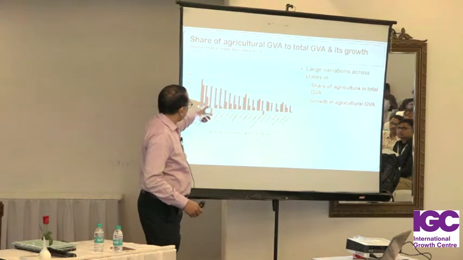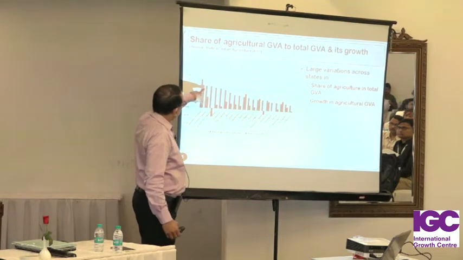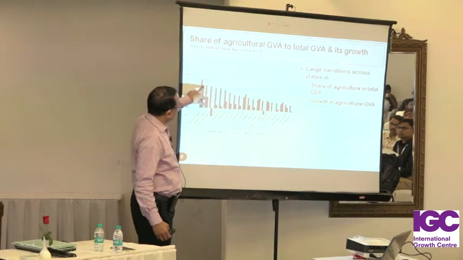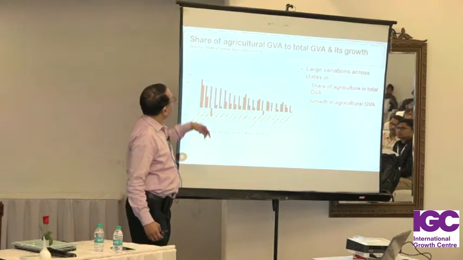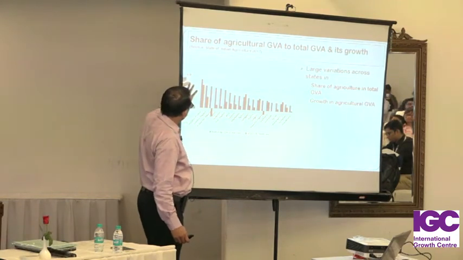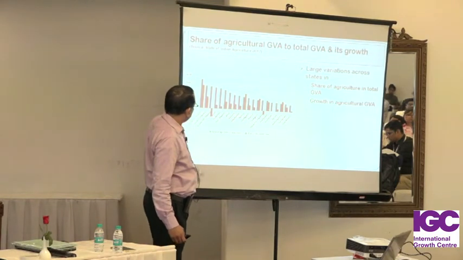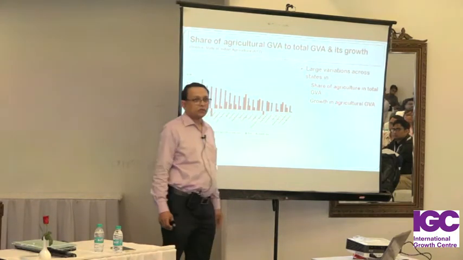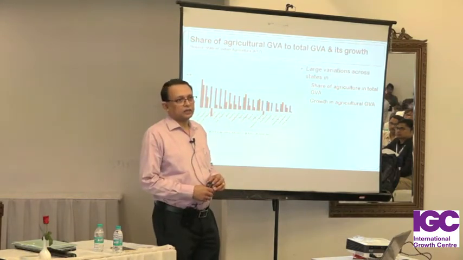Also in terms of growth rate, it's possibly not very clear. There is a second bar here for every state, and that is the growth rate in agricultural GVA over that period. Madhya Pradesh had the highest growth rate, whereas a state like Arunachal Pradesh had a negative growth rate, and Himachal Pradesh also had a negative growth rate in the GVA coming from agriculture.